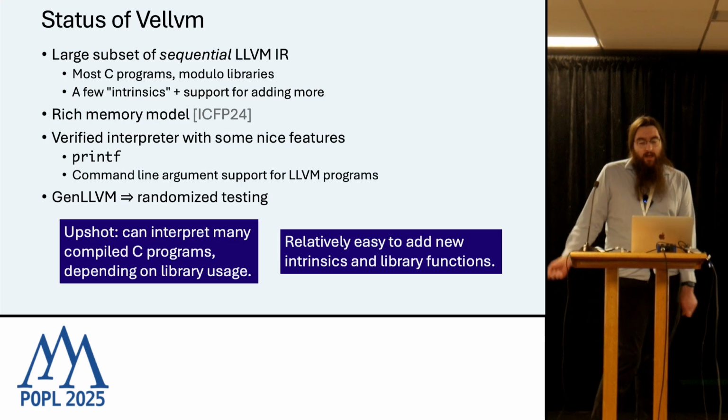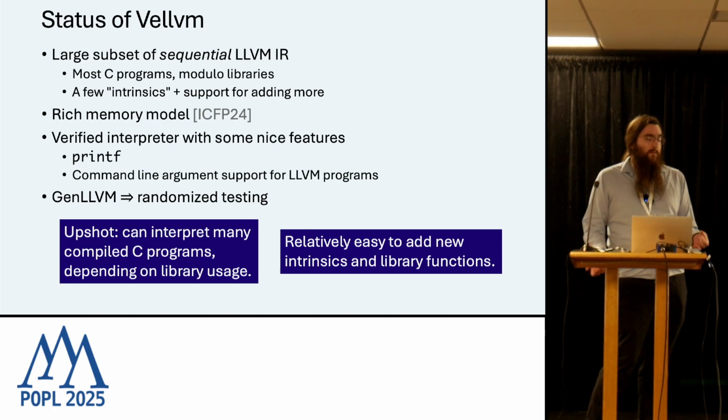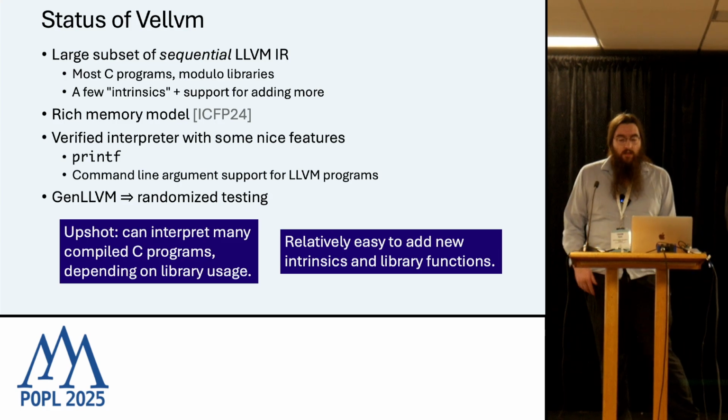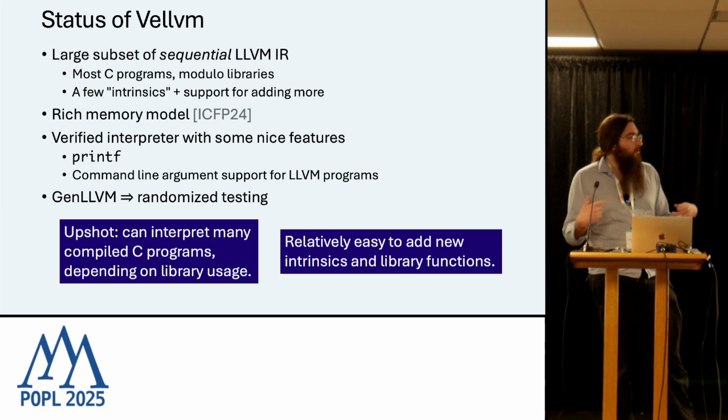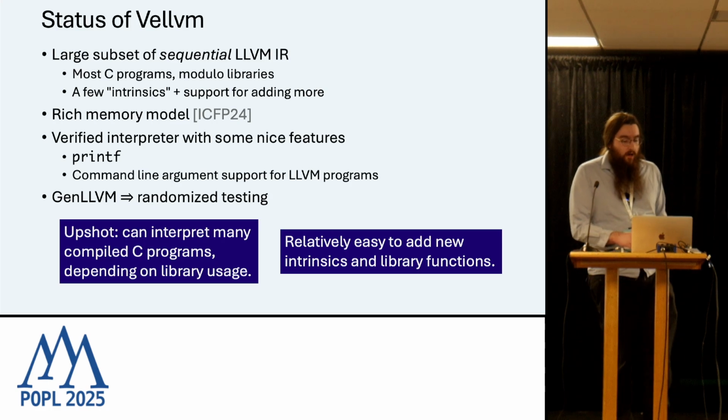And finally, we have a nice interpreter which supports features like printf and command line arguments on LLVM programs, which is useful for debugging. But this also allows Vellvm to be used in testing frameworks like CSmith and YARPGen, as well as our own GenLLVM, which generate random LLVM IR programs using QuickChick.